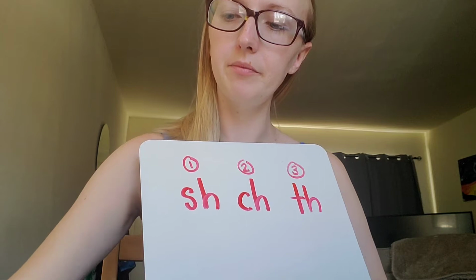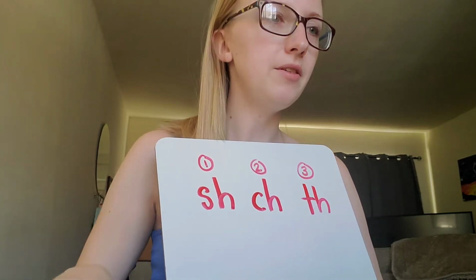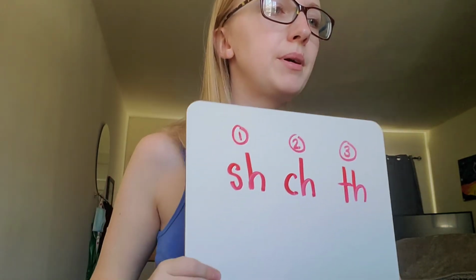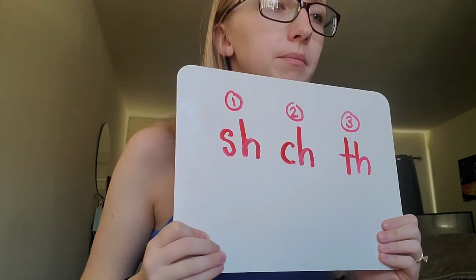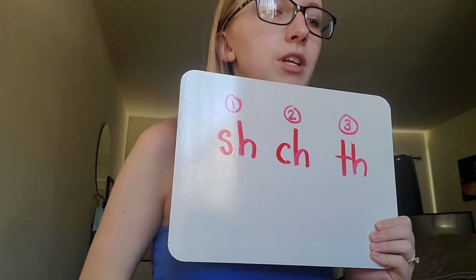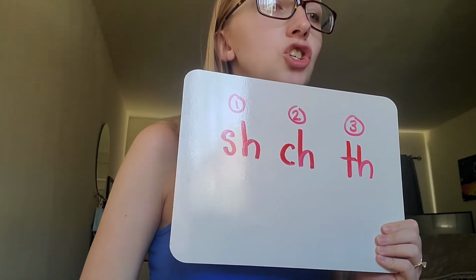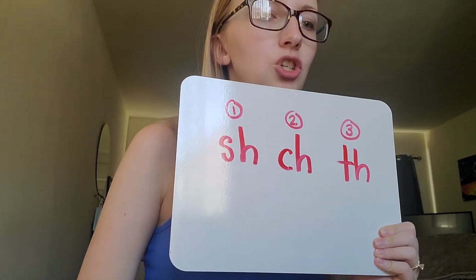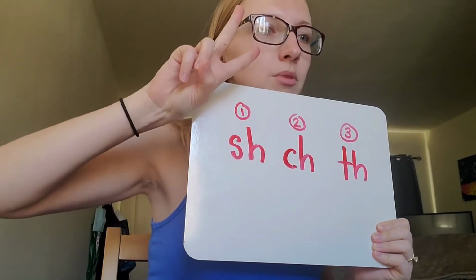Okay? All right, let's see. The first word is chip. Chip. 1, 2, or 3. What do you think? Show me with your fingers. Chip. Yeah, number 2. Let's stretch that word out. Ready? Ch. Ip. Chip.